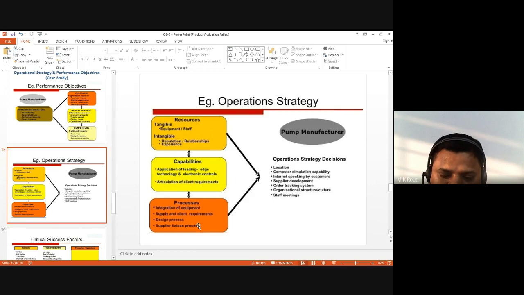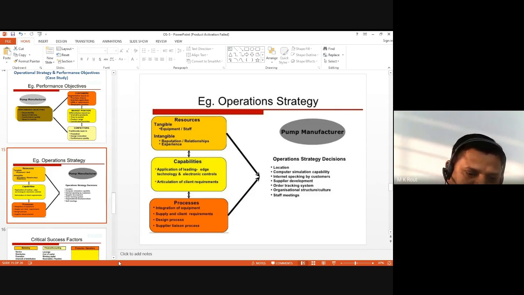Computer simulation capabilities are basically required for manufacturing activities that synchronize different processes and different machines, and they are also applicable in case of quality control. Then internet checking by customers, supply development, order tracking system, organizational structure and culture. The last one is sharp meeting, which is required in case of decision making.